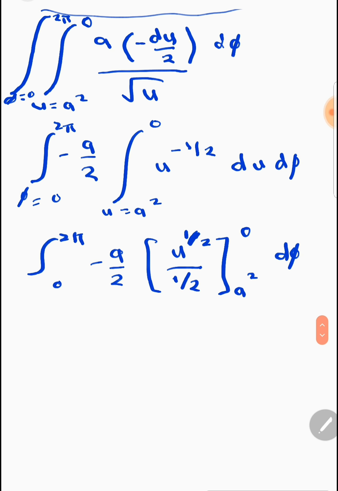I'll just rewrite this whole thing. 2 pi, 0, negative a over 2. If I replace this with the upper limit, it will just give me a 0. When I replace it with the lower limit, this gives me a power of half, a squared, sorry. So that will be a squared.